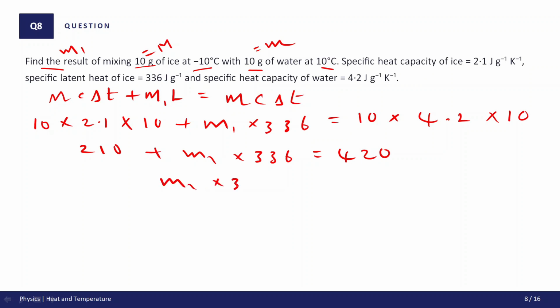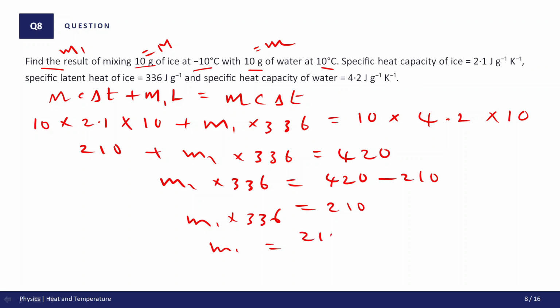M1 into 336 equal to 420 minus 210. What will you get here? 210 you will get it. Then it is M1 into 336. M1 equal to 210 by 336. Now divide it to get your final answer.